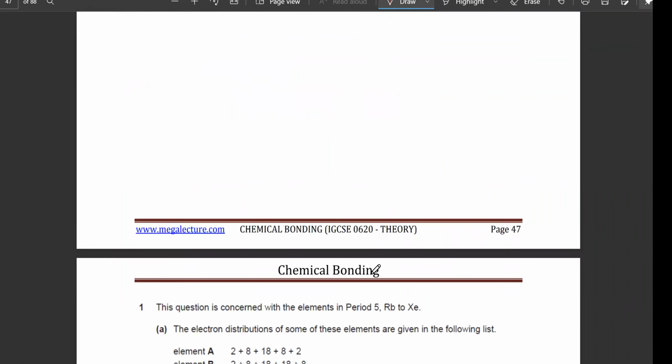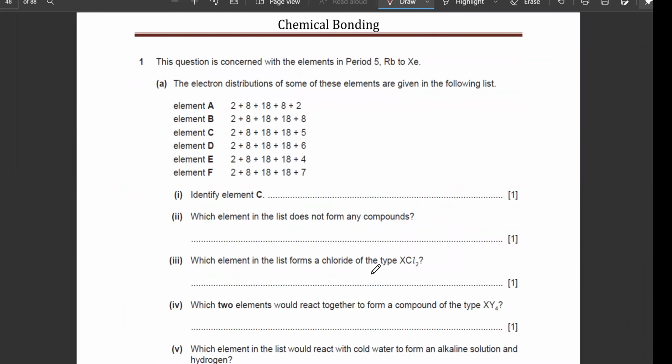Let's do this one. He's saying identify element C. How do you identify elements? What do you look for? The valence electrons. There are a couple of ways to identify this. One is which group is it in? Group 5. And which period is it in? Period 5.